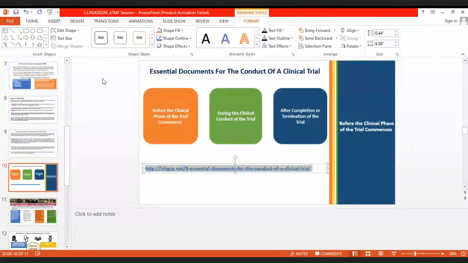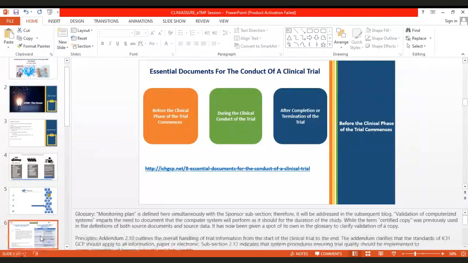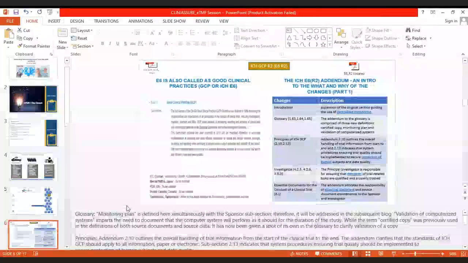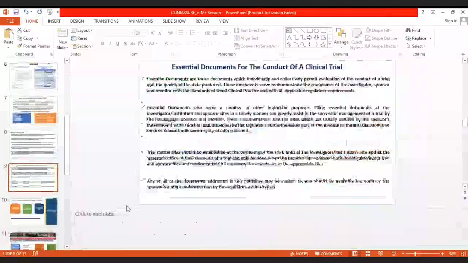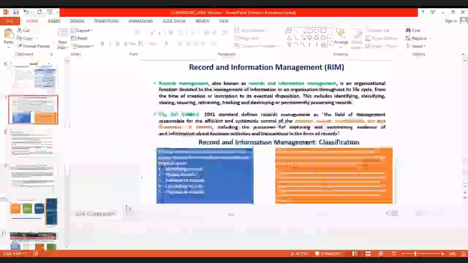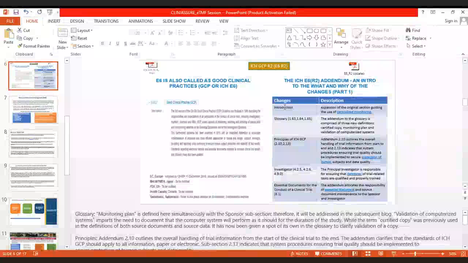So here I'll tell you something. At slide number 6, see here, the changes in ICH GCP revision 2, the last one: essential documents for the conduct of a clinical trial, 8.1.